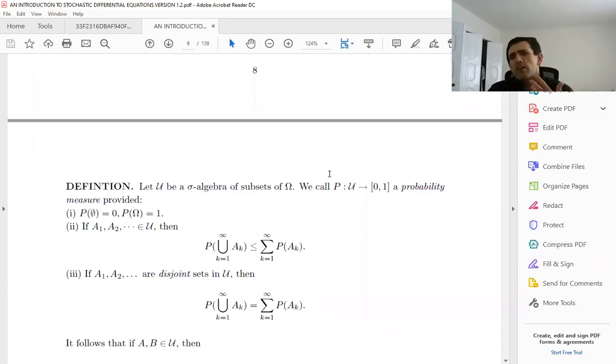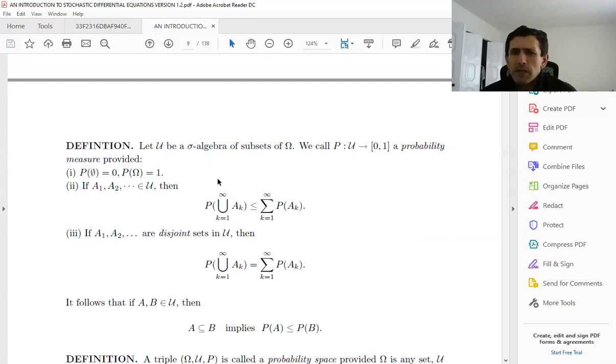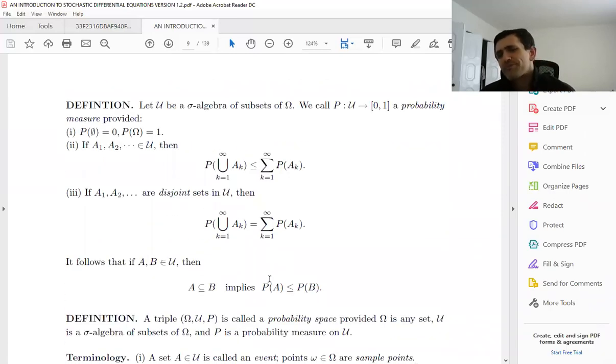I mean, it still does exactly what I did. It defines a probability measure and a probability space as, well, basically satisfying the same things I said. It's a little redundant here, but I actually gave you this as homework based on countable additivity.